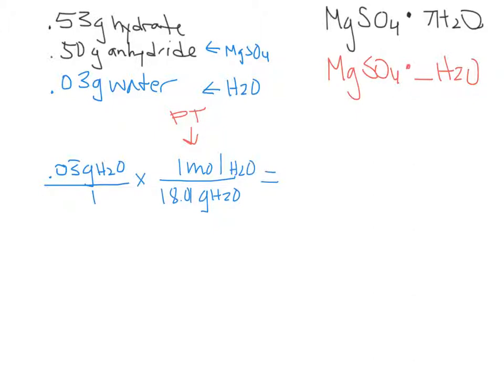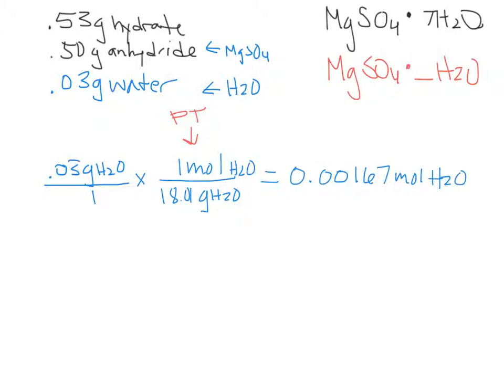Please notice how labeled everything is. I have a label on everything. That way I don't lose my work and I know where everything is. I just type the value into my calculator and I get 0.00167 moles of H2O. And I just rounded it.